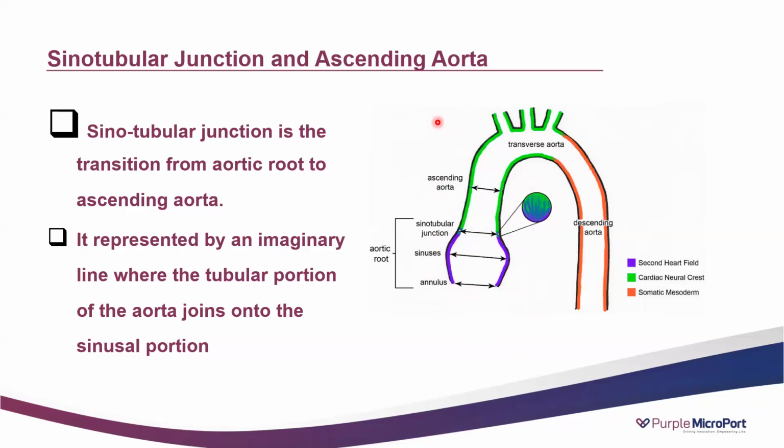So can somebody tell me now, what is an annulus? Or what is the importance of this annulus? Annulus is basically the transition point between the LV and the aortic root.